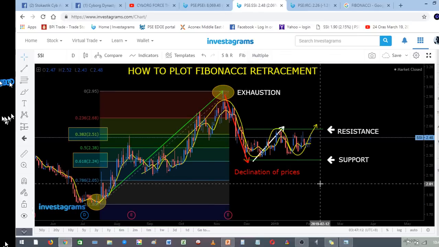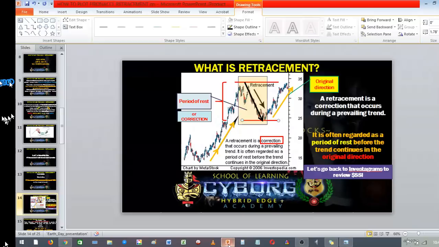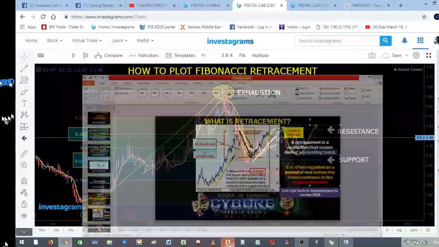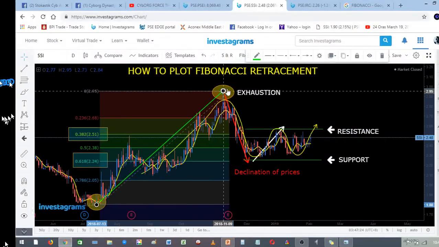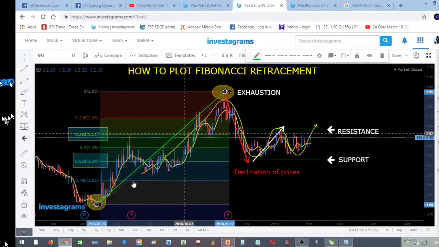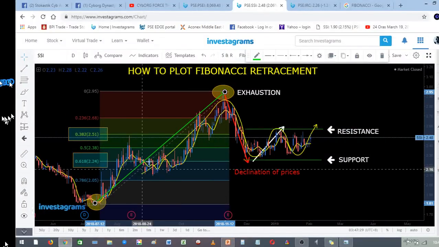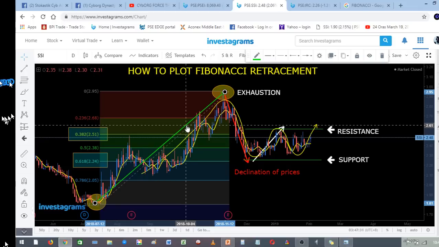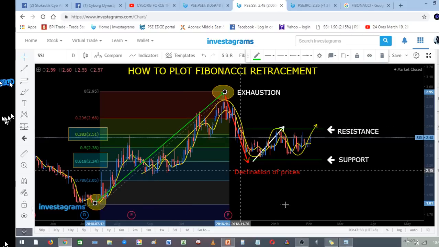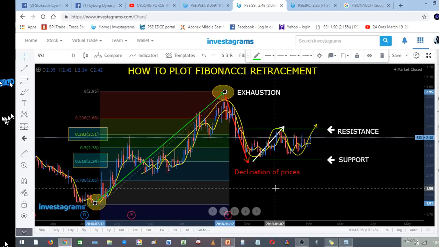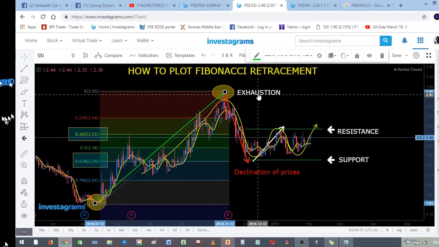So this is what we call the prevailing trend. This is now the prevailing trend, signified by the green marking arrows, and there is an exhaustion.